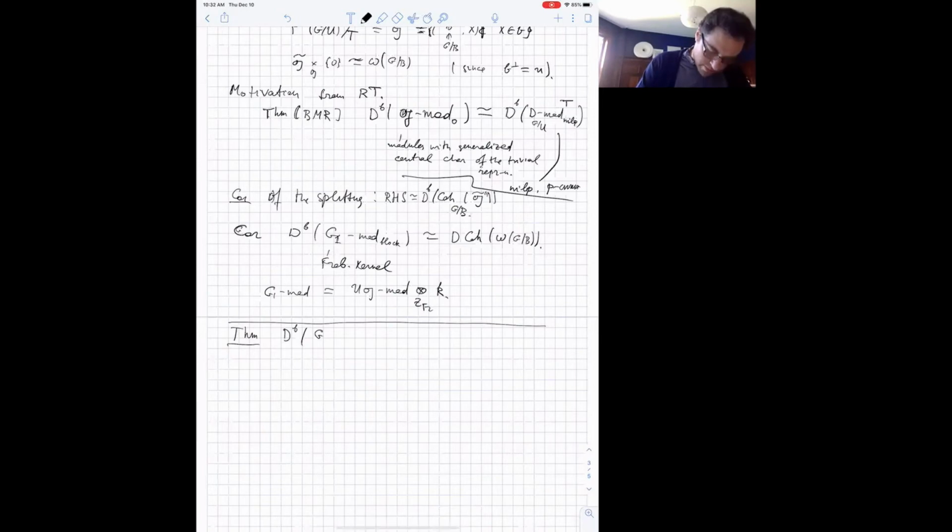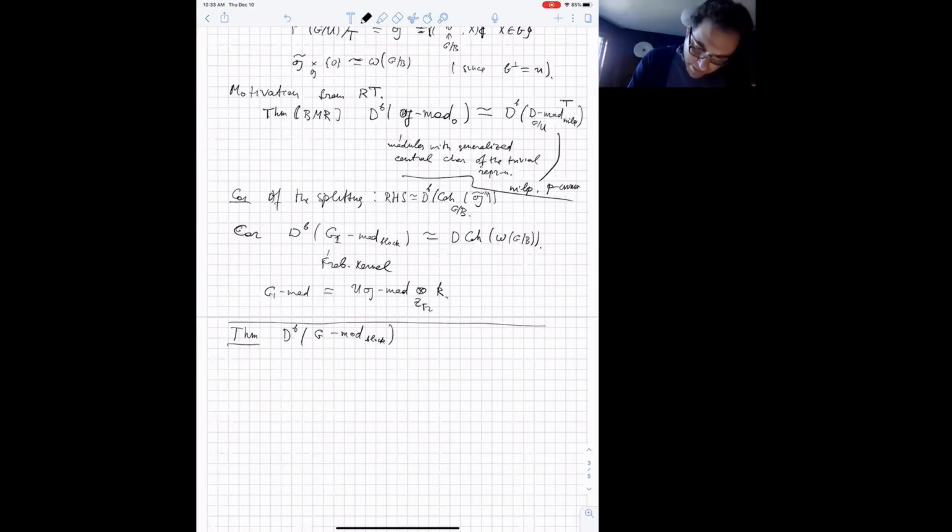It's nice to understand modules over G1, but people really want to understand modules over the algebraic group itself or over higher Frobenius kernels. And so the idea is that we can just do the equivariant version of the above thing.